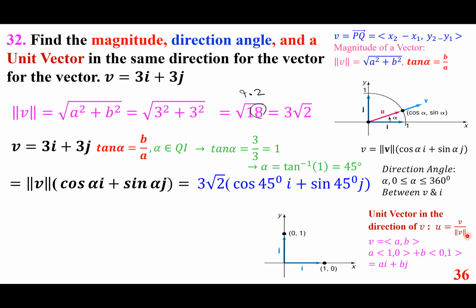And v has components a and b, a times 1 comma 0, and b times 0 comma 1, ai or bj. So this is the i, and this is the j vector. So it has this formula. All we have to do is write the vector v at the top, and its magnitude 3 square root of 2 at the bottom.